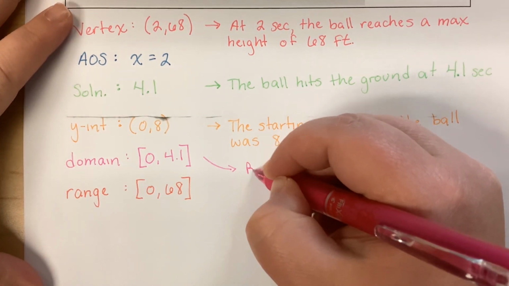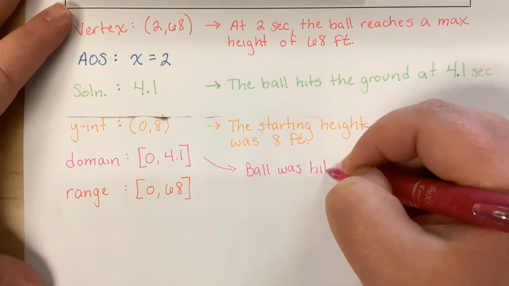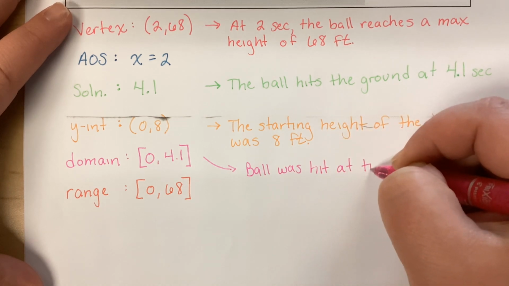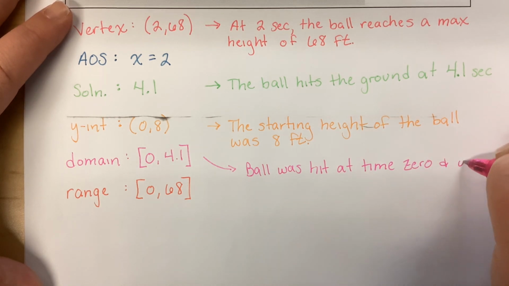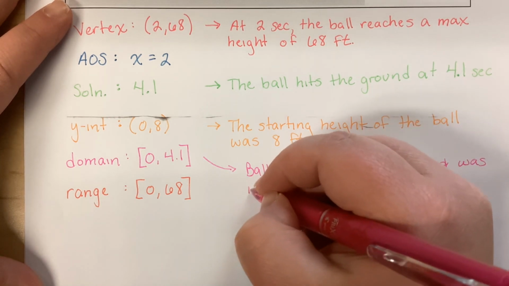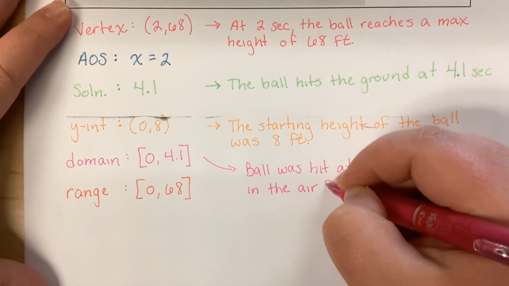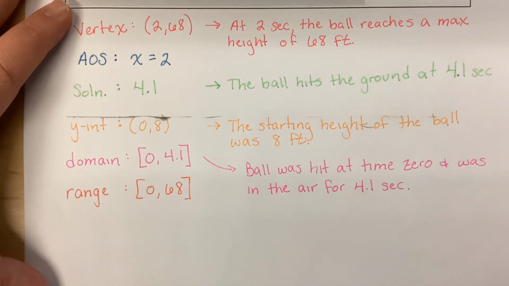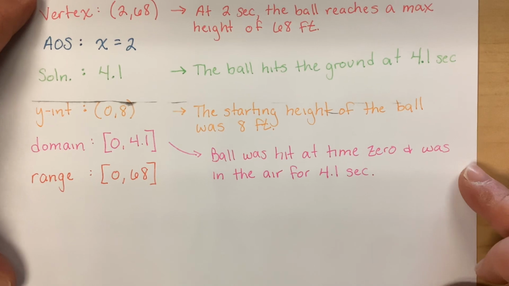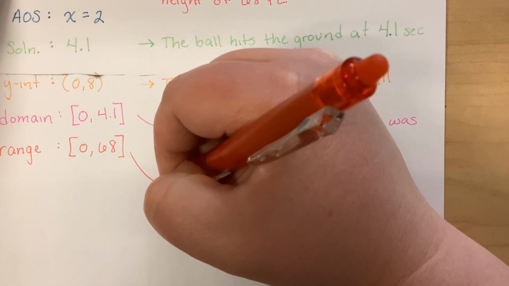So the ball was hit at time 0 and was in the air for 4.1 seconds. All right. Now the range is similar, except it's not talking about time, it's talking about height.